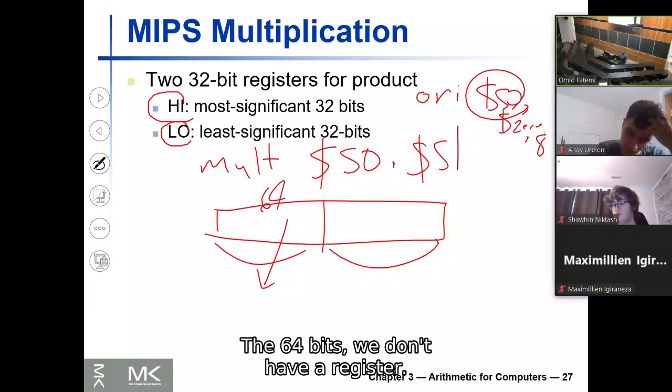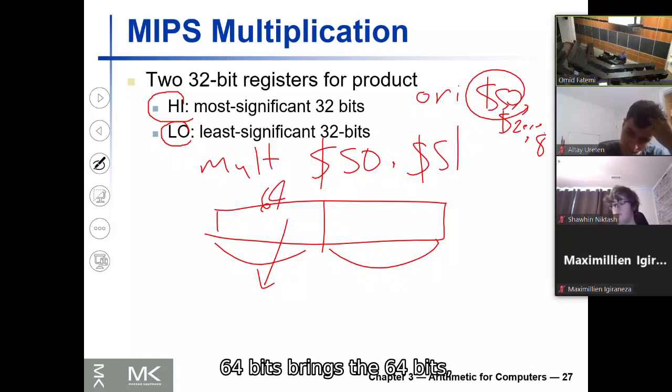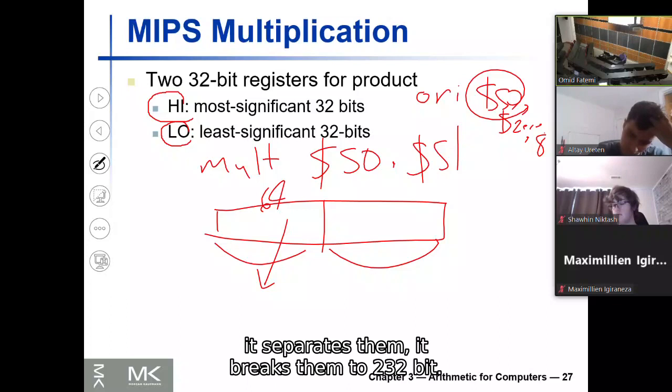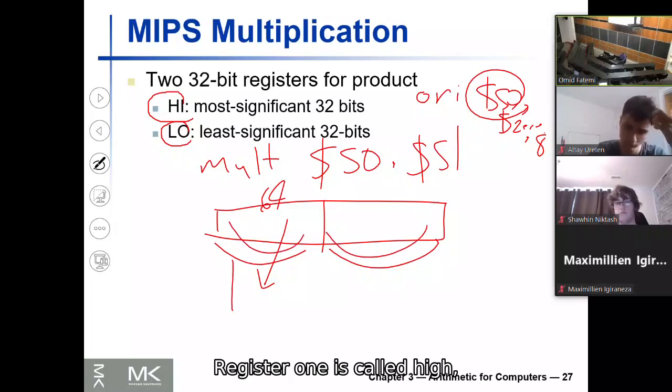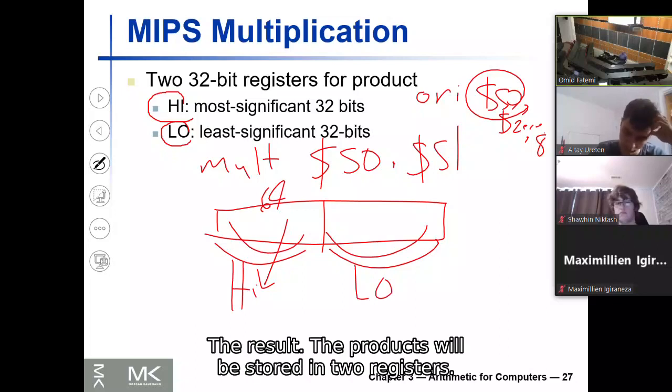We don't have a 64-bit register. So MIPS takes these 64 bits and breaks them into 2 32-bit registers. One is called high, the other is called low. So the product will be stored in 2 registers.